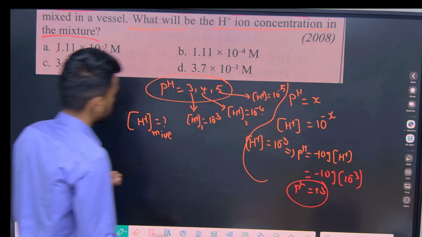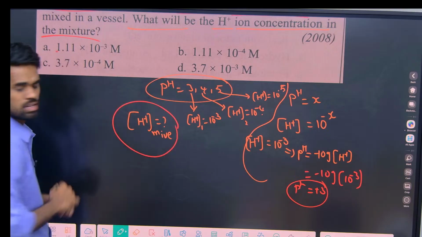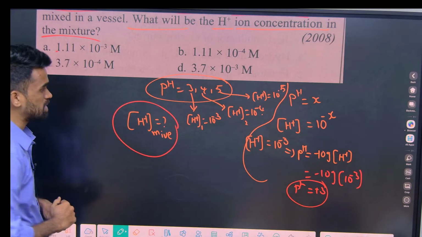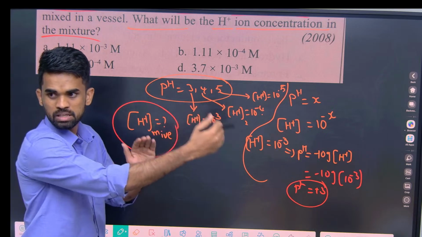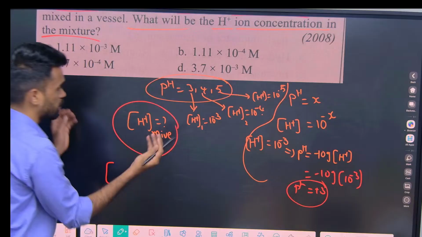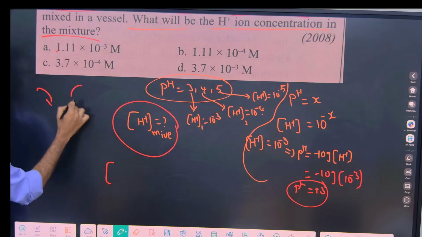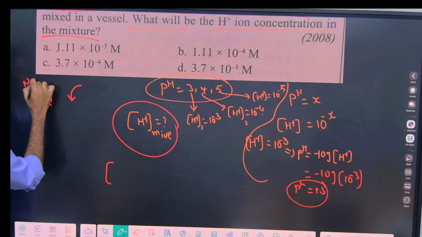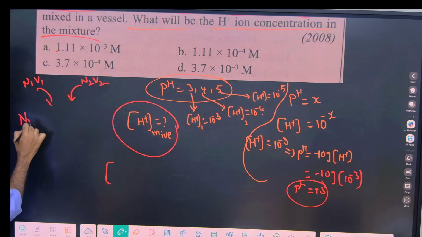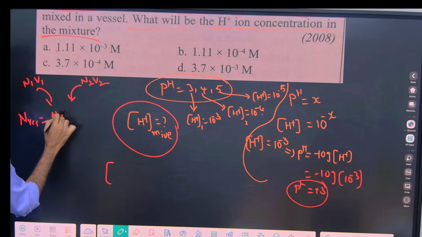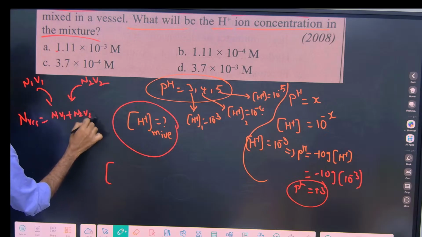The next one is, I want the resultant total H plus ion concentration. Now what we know, N1 V1 plus N2 V2, that is what we need to do. If I am mixing two different acids, let us say having concentration N1, volume V1, and N2, V2, then the resultant N will be N1 V1 plus N2 V2 by V total.